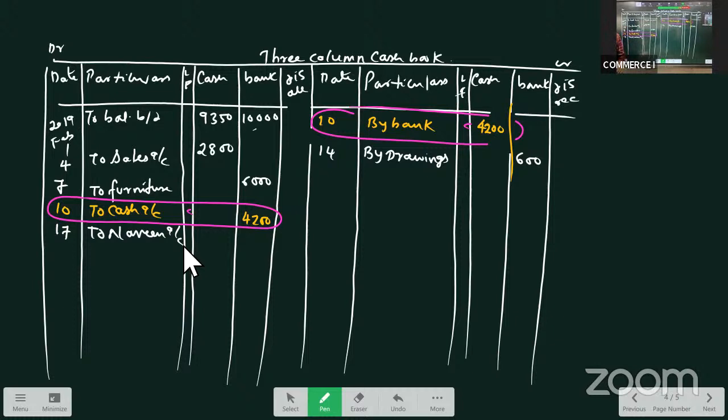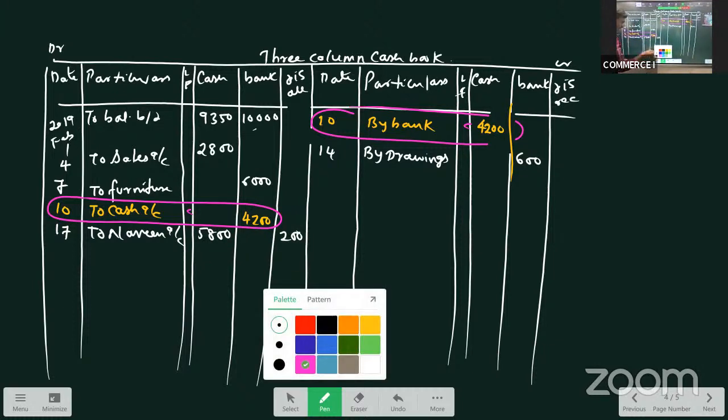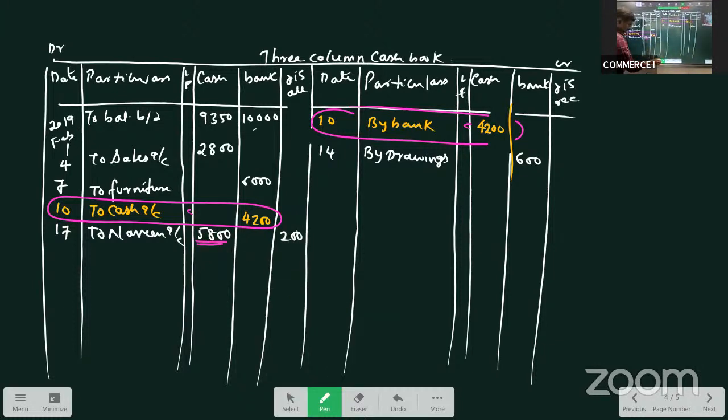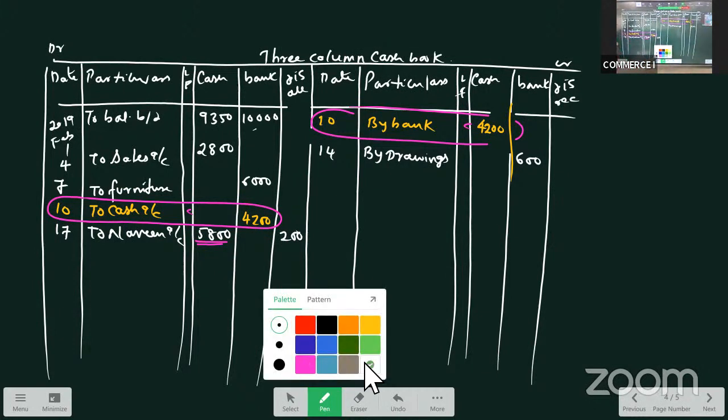As I told you earlier, we will treat this as cash. So on 17, I will write this amount of 5,800 in cash column, and on the day we deposit, that is 23rd, I will show this as a contra entry.